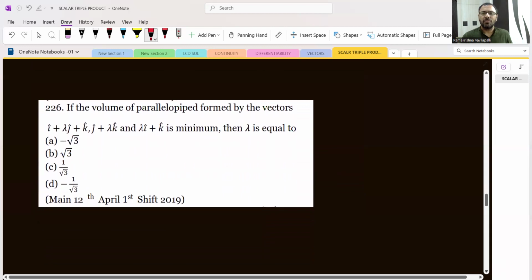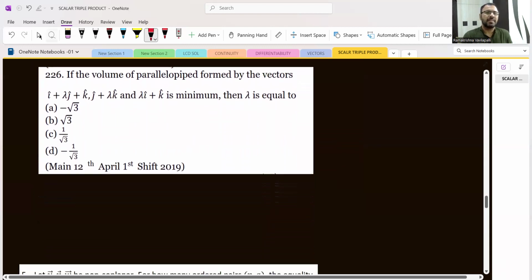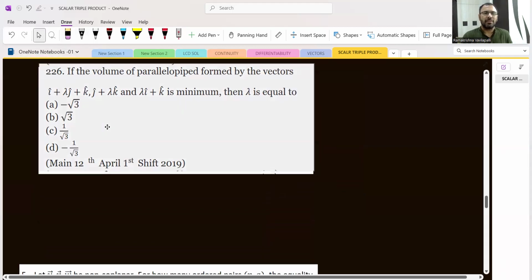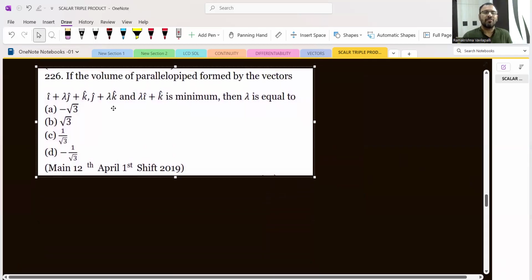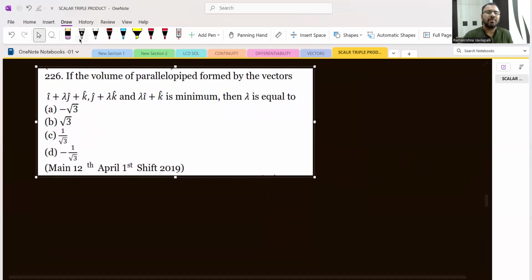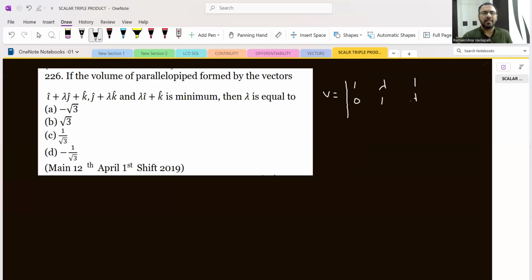Okay, here is one more question. This is regarding minimum of the value. So what is the volume of parallelepiped? Three vectors given, so that volume of parallelepiped is minimum, right? So volume is equal to, that is box. Box is nothing but determinant. So 1 lambda 1, and second one is 0 1 lambda, and the third one is lambda 0 1.